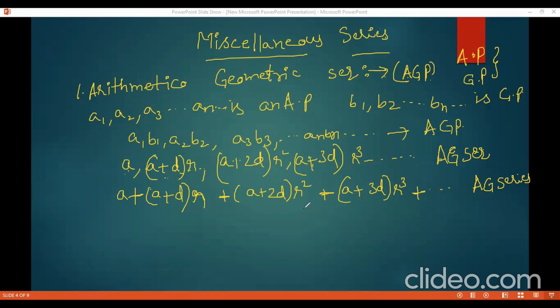Now, how do you find the sum of this arithmetico-geometric series? Let us find the sum to n terms.